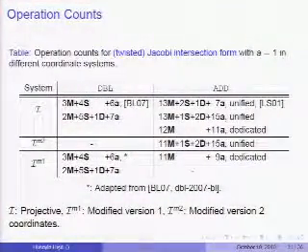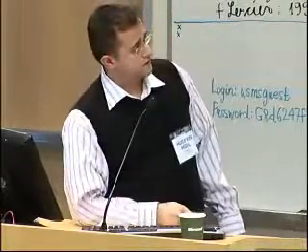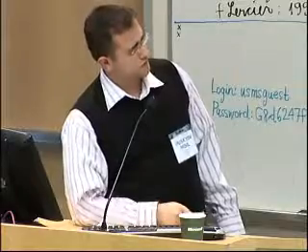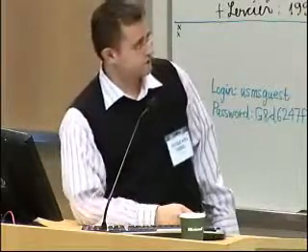I have analogous results for Jacobi intersection form, that is representing an elliptic curve as an intersection of two quadric surfaces. And for these ones, I have results here. Most of them are not documented in the literature, but you can find them in my thesis, which is available through my website.